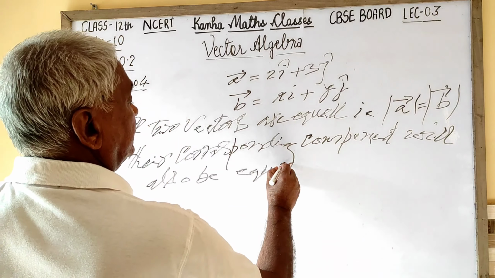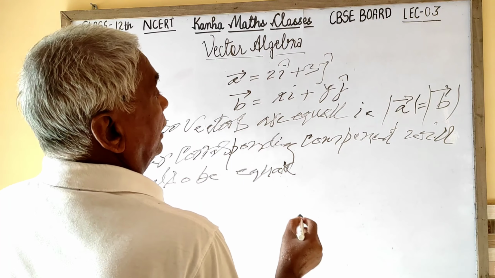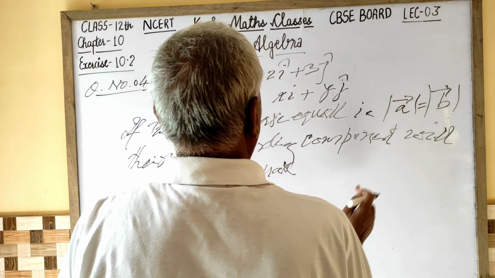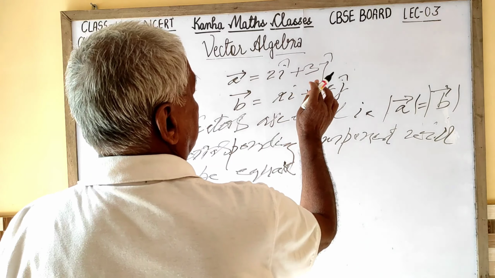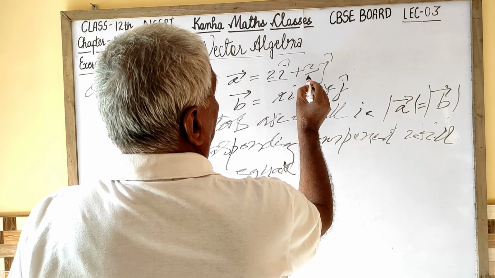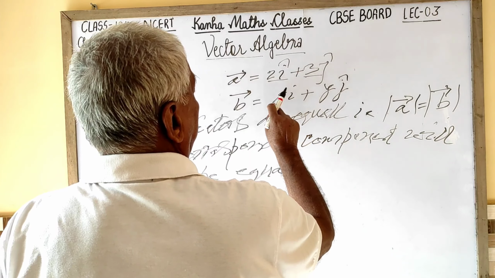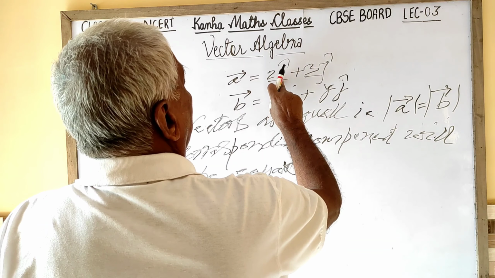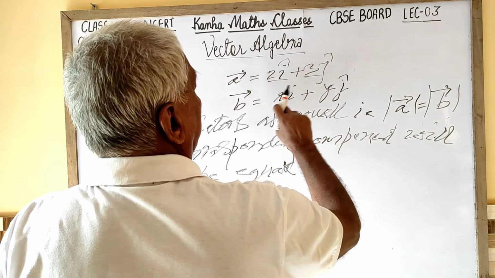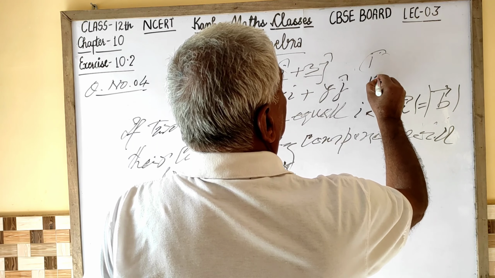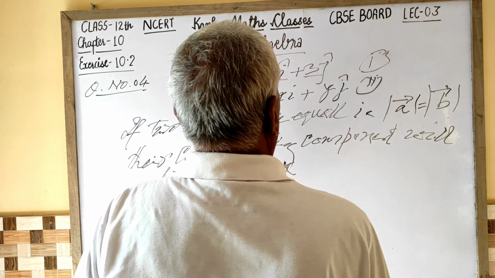It's given that vector A is equal to vector B, hence the corresponding components, that is, the multiples of unit vectors i and j in the two vectors, vector 1 and vector 2, will also be equal.